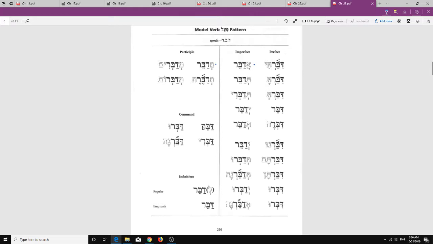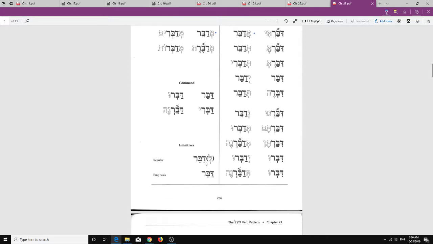And if you don't know it's the Pi'el, you can see this dagesh in the second root letter.